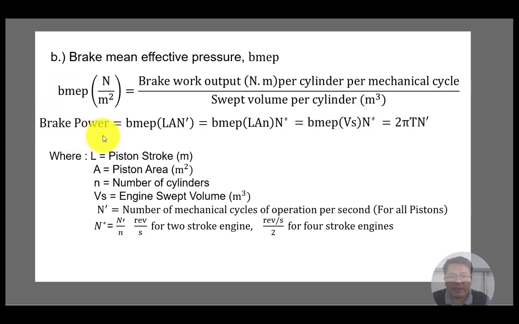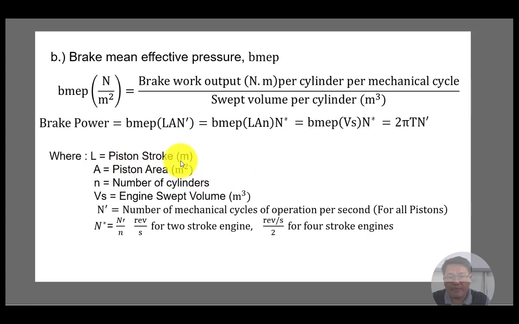Now for the brake power, to get it, it is equal to BMEP multiplied by L, the symbol for your piston stroke, which is the movement of your piston from one point to another.